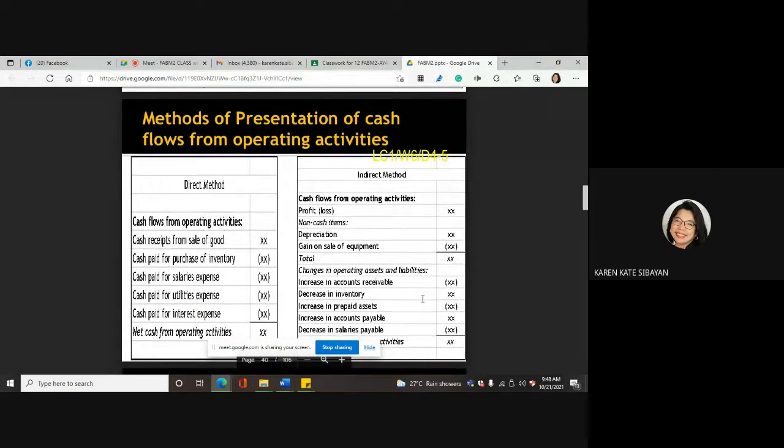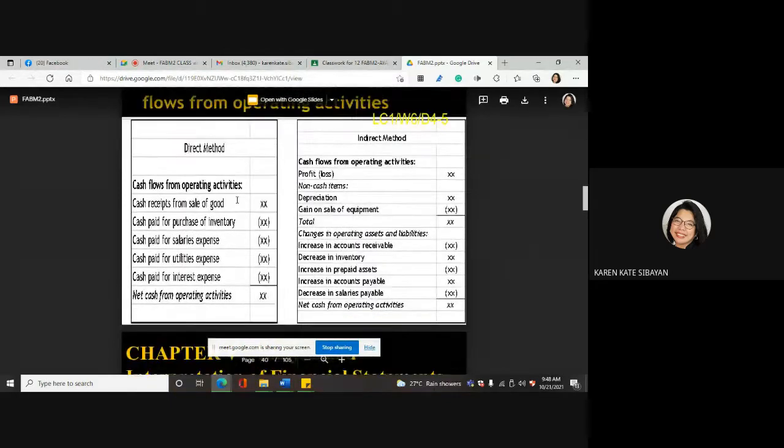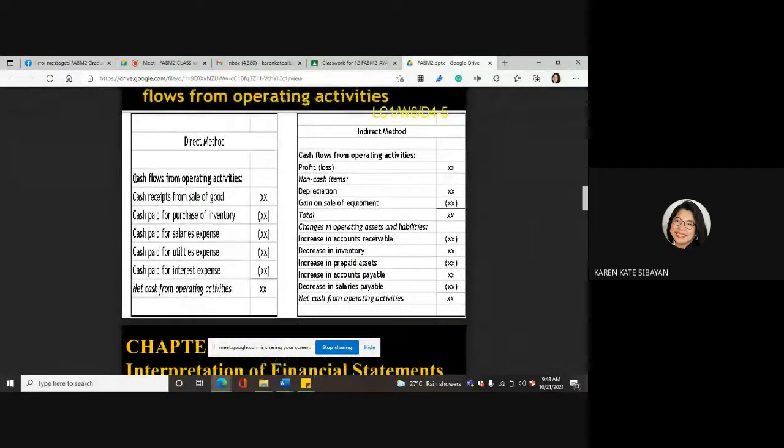So we also have two methods in preparing your cash flow statements. Okay? The direct method and of course the indirect method. So sa direct method, ganito po yung itsura niya. Same lang direct method, una muna cash flows from operating activities.